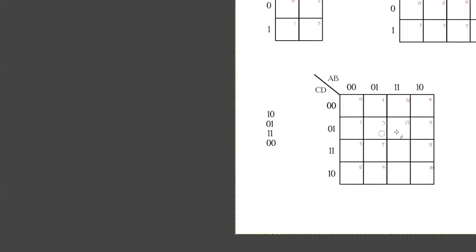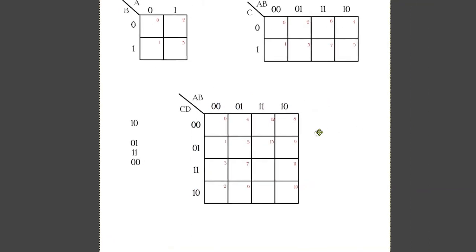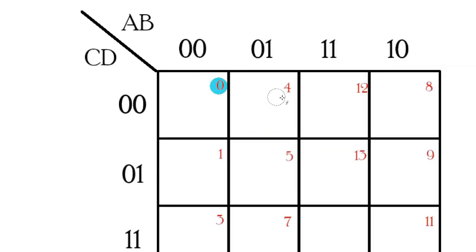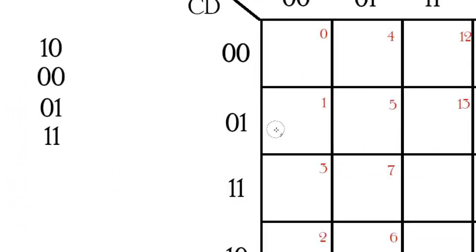But these cannot be coupled because they are not right above or right below them, right? So if you see this pattern in a K-map, then that K-map is actually wrong. This is how you figure out whether the numbers around a K-map are correct or wrong. And according to those numbers, the numeric value will be given to each and every square inside the K-map.